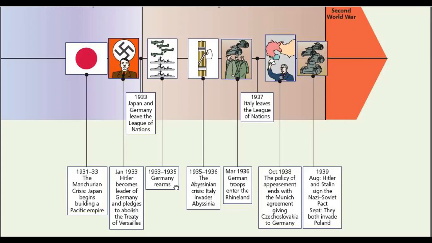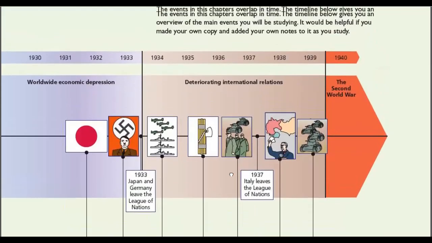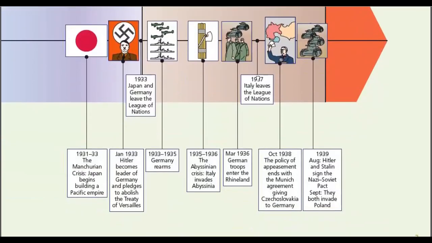Also in 1937, Italy leaves the League of Nations. When we hear 1933, we say Japan and Germany leave the League of Nations. They may ask you a question: who left the League of Nations in 1933 and 1937?